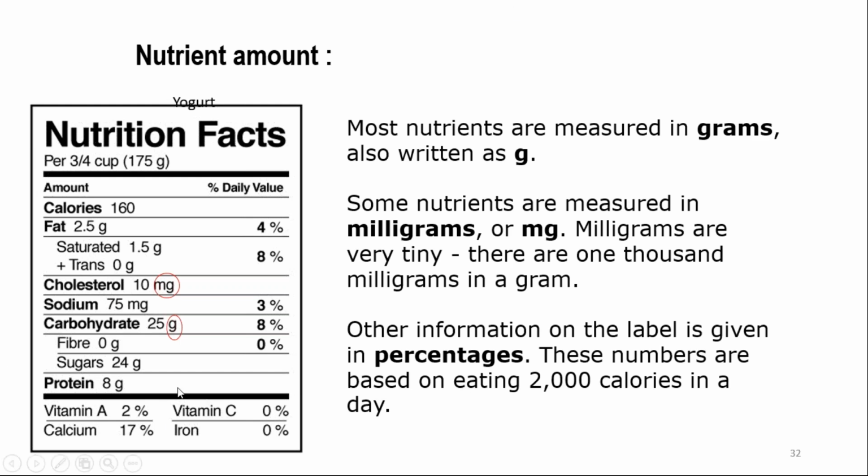So for example, if you look at protein, you recollect that for a 60 kilogram man who is leading a sedentary lifestyle, at 2000 calories, he is supposed to take 60 grams of protein.